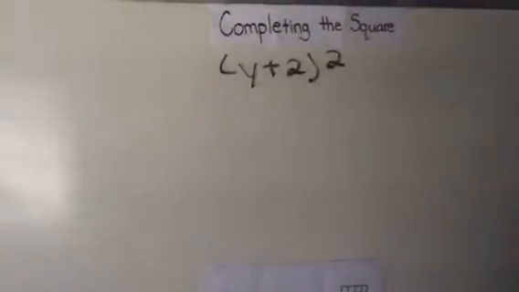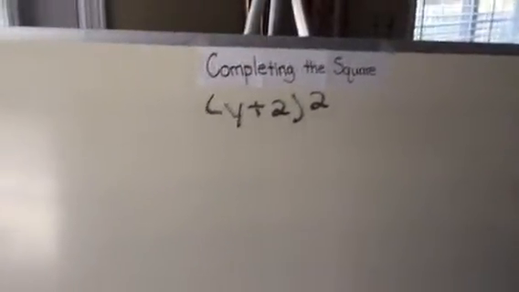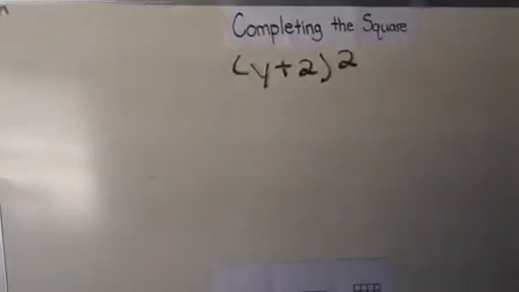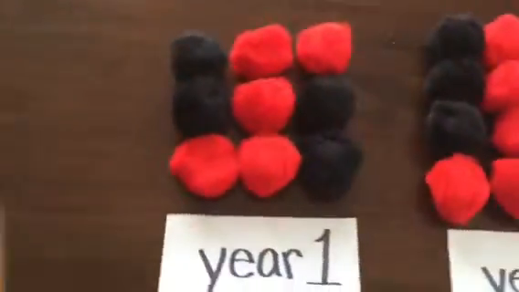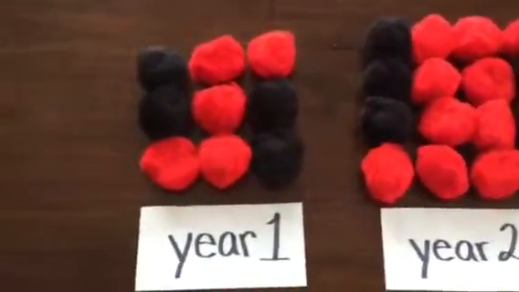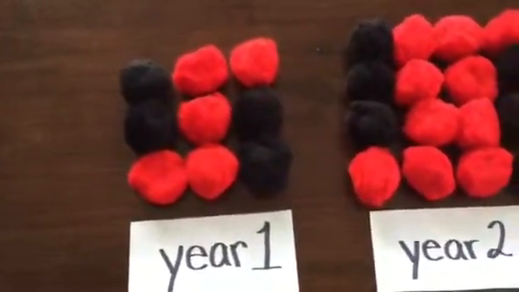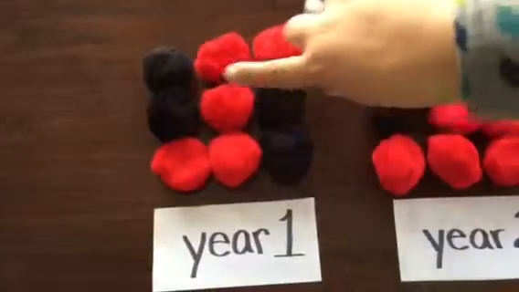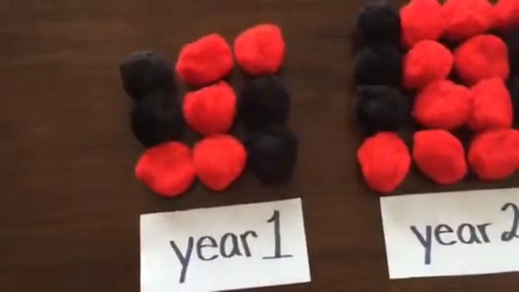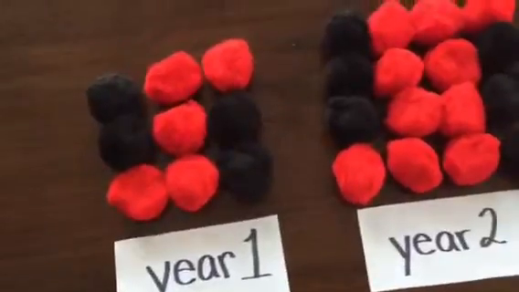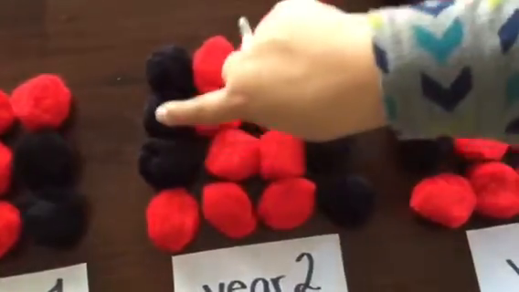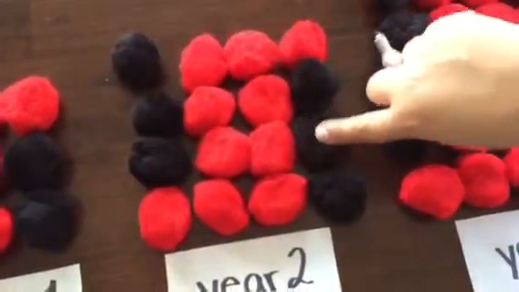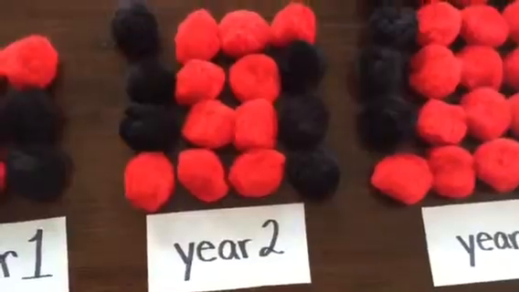In order to find the area, we must account for the square units we added to complete the square. Let's look for a relationship between the number of units added and the number of years. For year 1, we added 4 units. For year 2, we added 6 units.